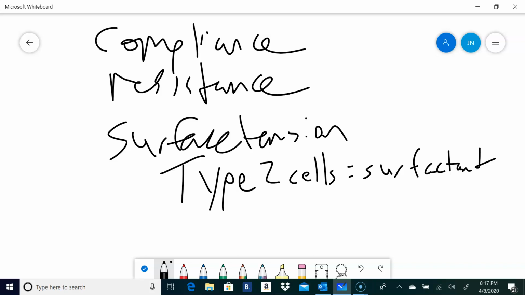Premature infants aren't making this surfactant yet, so quite often they'll have to be given synthetic surfactant because their bodies aren't making it yet, so the lungs stay collapsed. The fluid in the lung causes them to collapse on themselves.